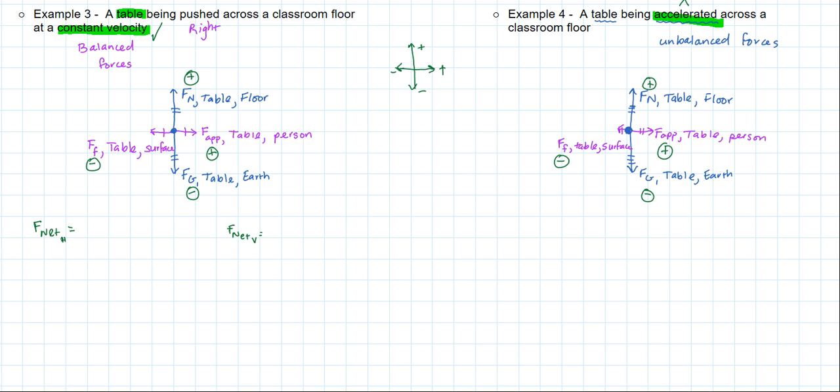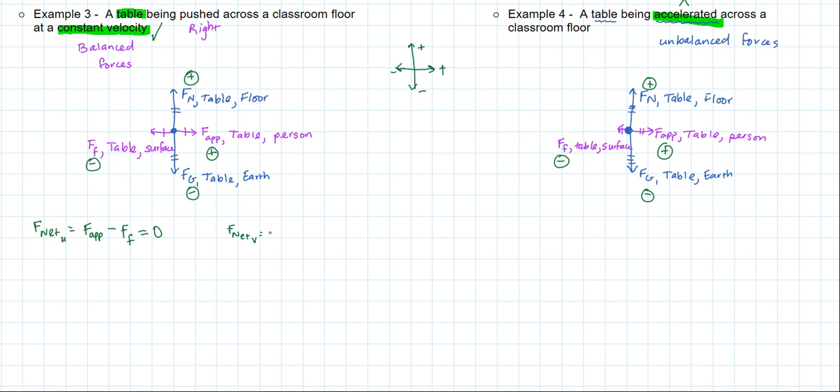Alright, so let's do the horizontal first. So we have a force applied, that's the positive one, minus the force of friction, and that is summed up to 0 because it's at a constant velocity.